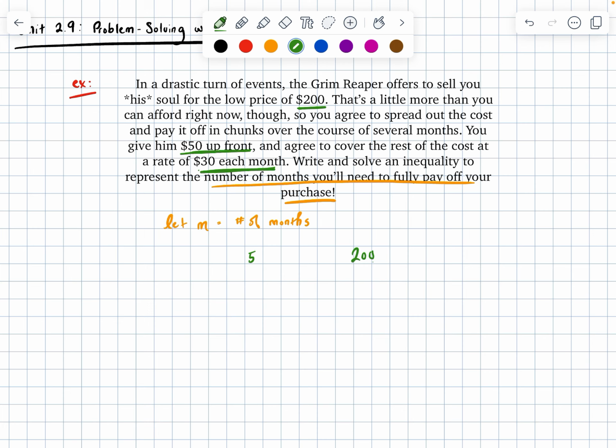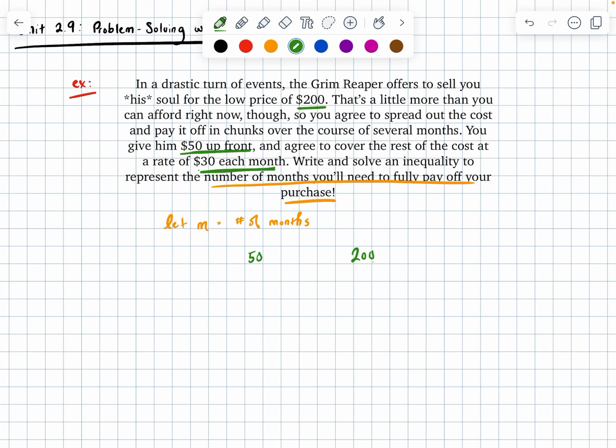And if I think about that total, well, the 50 happens just once. And then how, in symbols, would I represent the fact that I'm paying the $30 each month? Think back to last time, think back to Unit 1. How would I represent this idea in symbols? Well, hopefully you remember.